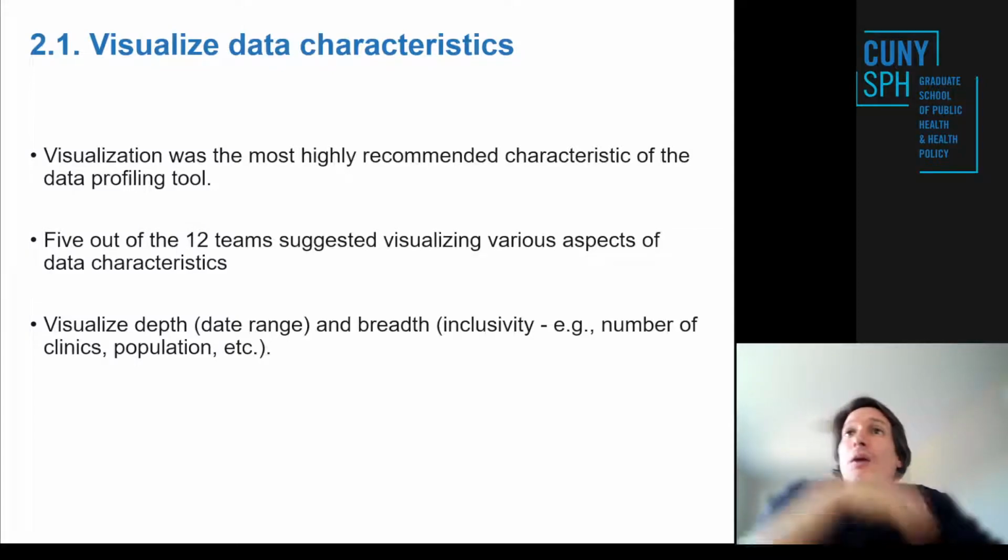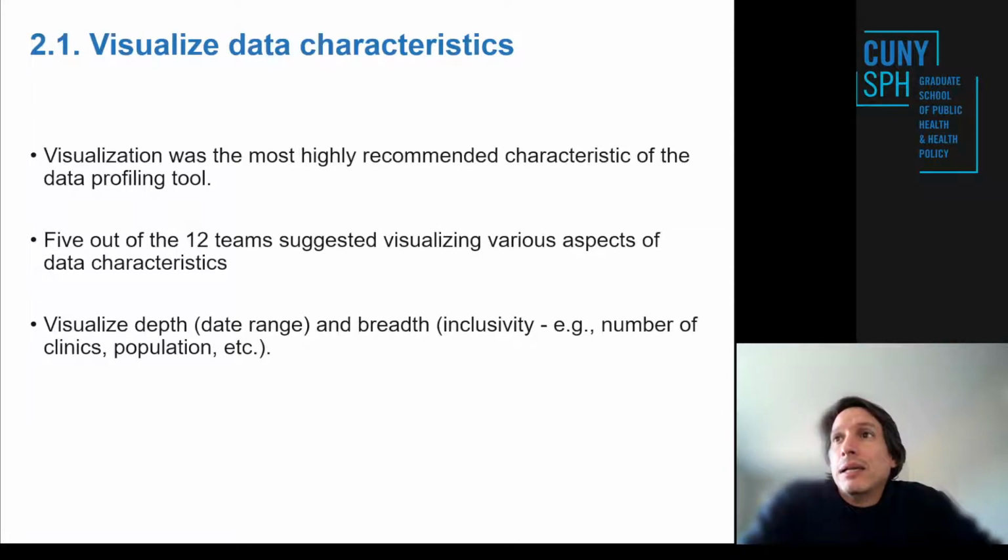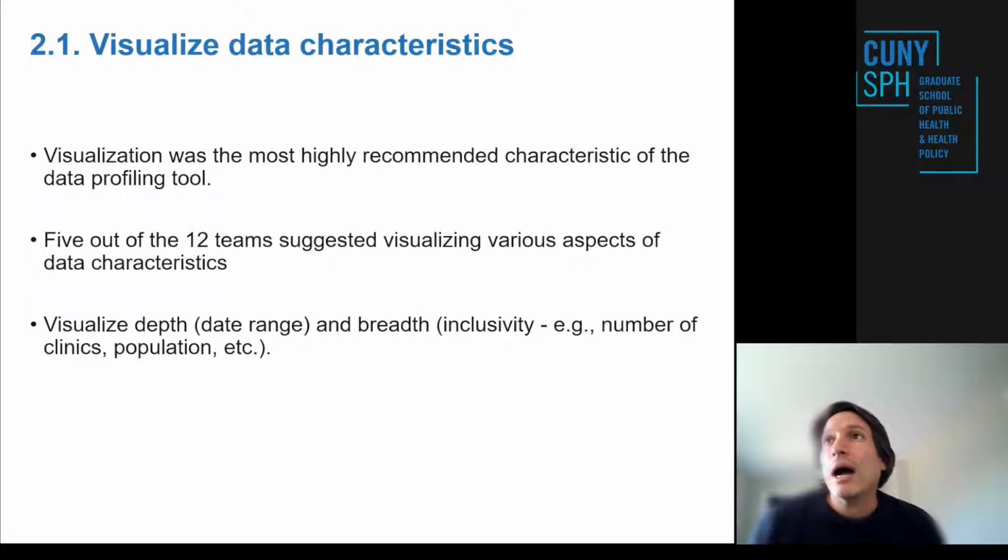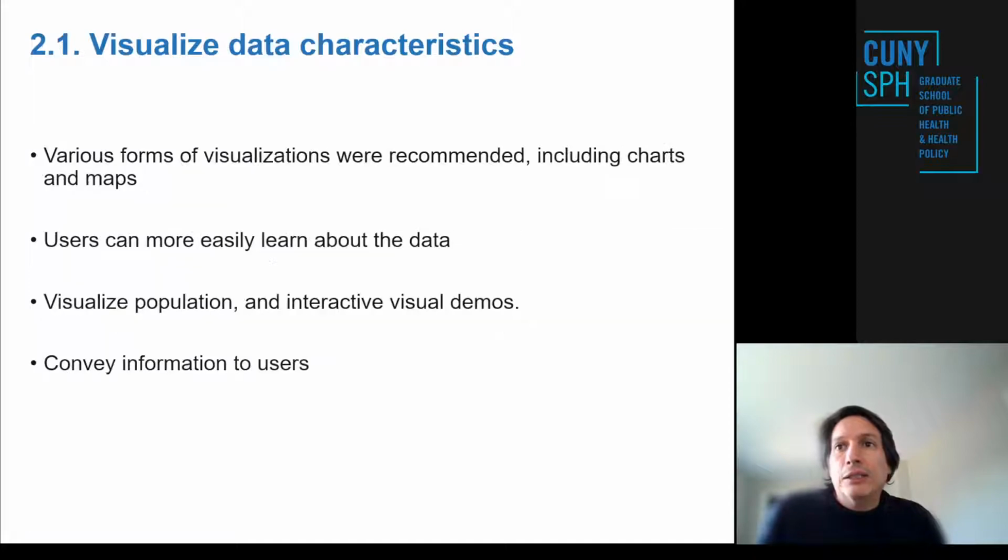Then they want to visualize the data characteristics, and this was the most highly recommended characteristic of the data profiling tool, to highlight the data characteristics. 5 out of the 12 teams suggested visualization of various aspects of the data, such as depth, ranges, breadth, inclusivity, and you name it. Then they proposed various forms of visualization, including charts and maps.